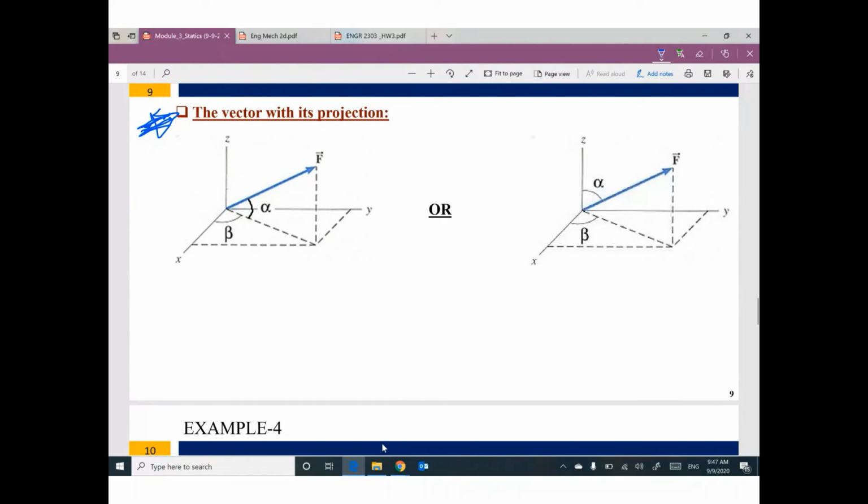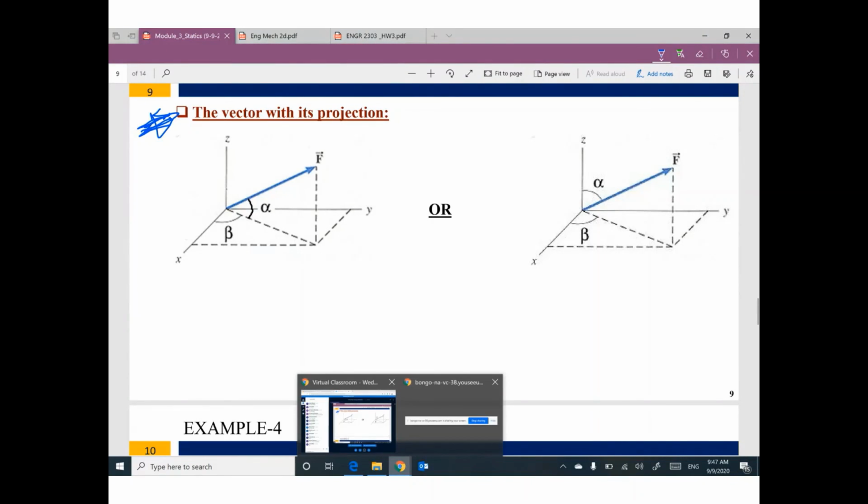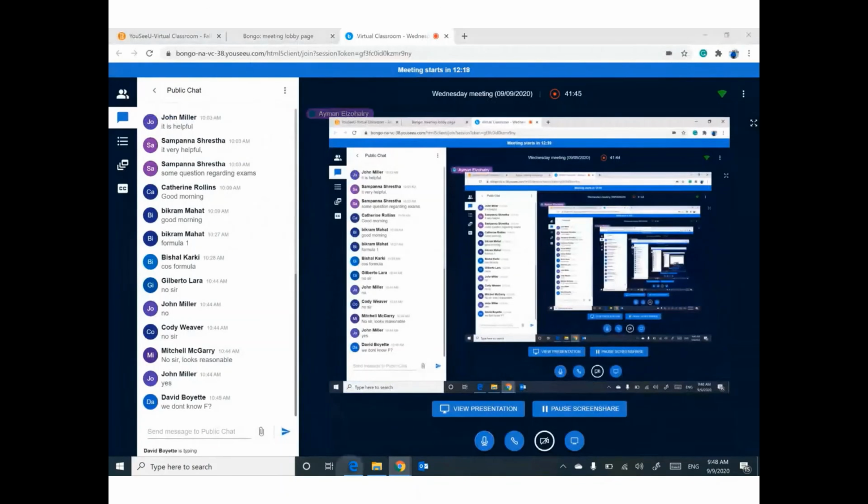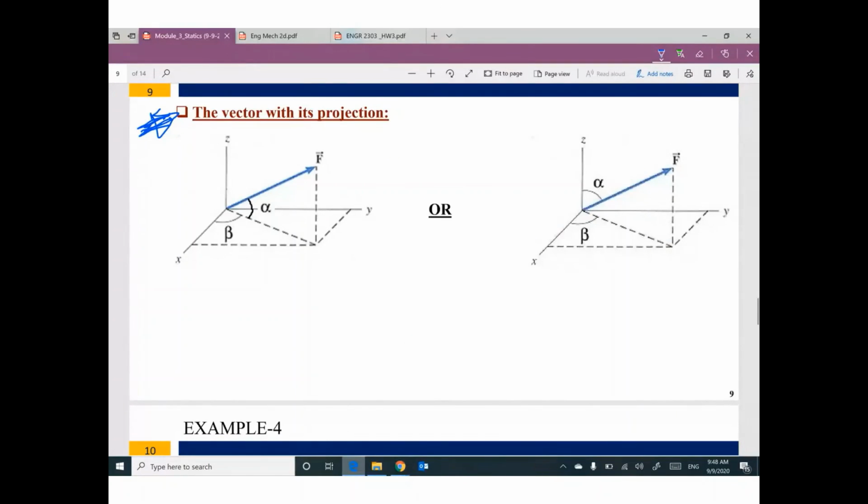We have alpha, we have beta, so we can figure out the third angle. So what's the problem? No, F is given. And these angles are given. Just to clarify the first case, we have x, we have y, we have z, and we have a given force, and we have 3 angles.